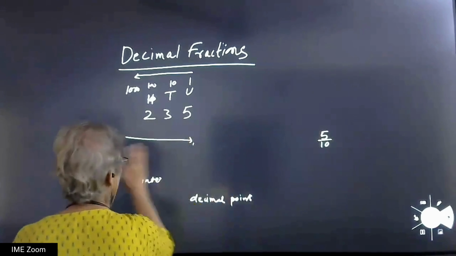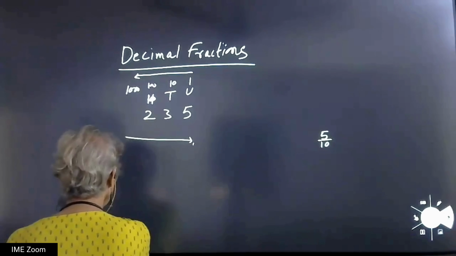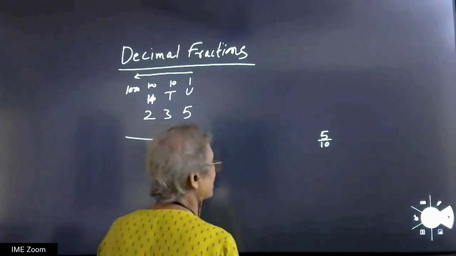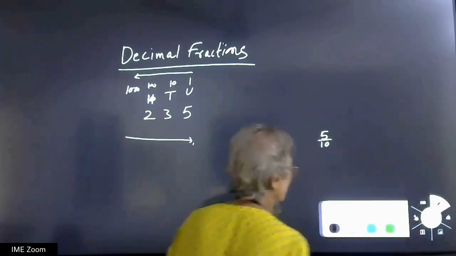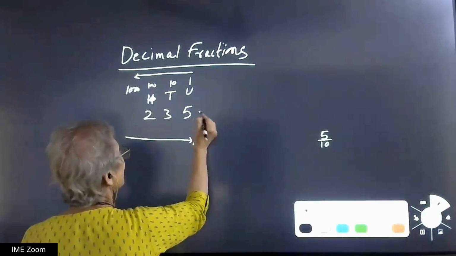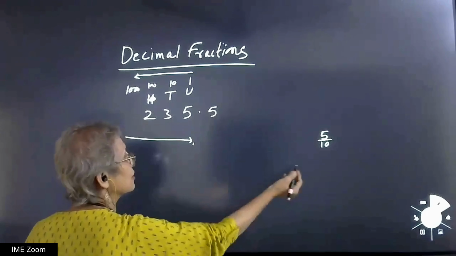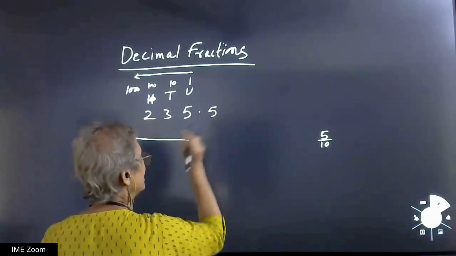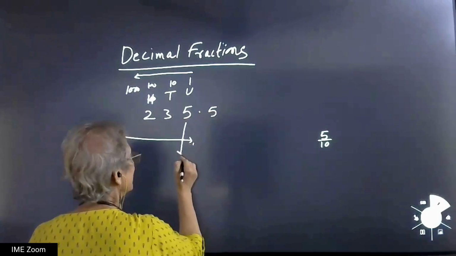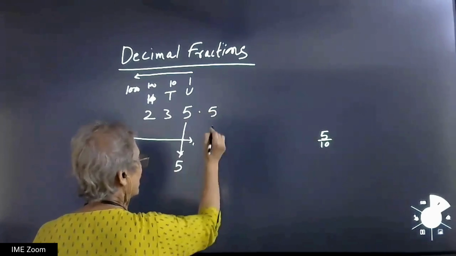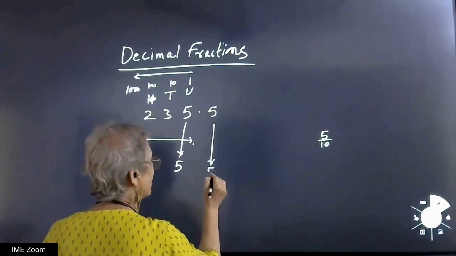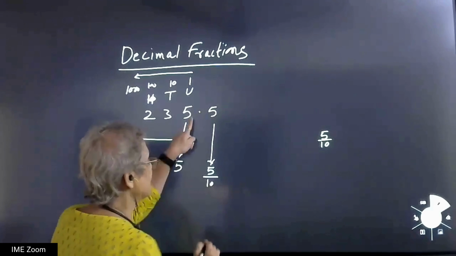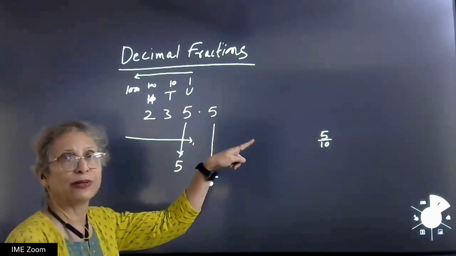See, let us do it once again. Now I will take a decimal number. A number with a decimal point is a decimal fraction. Here I will write point and 5. So what is the place value of this 5 and this 5? Here the place value of this 5 is 5, while the place value of this 5 is 5 upon 10, because it is one digit after the decimal point.